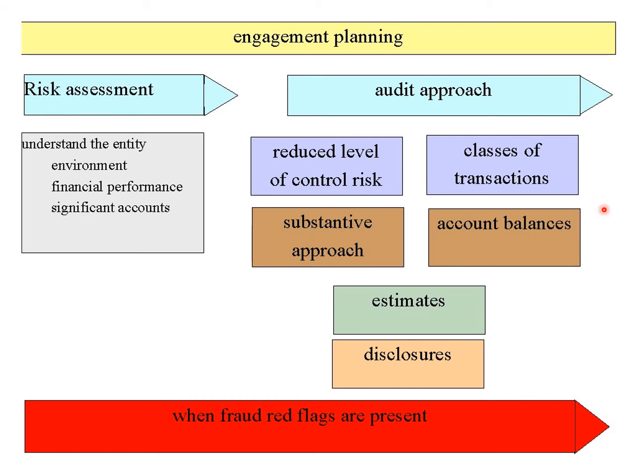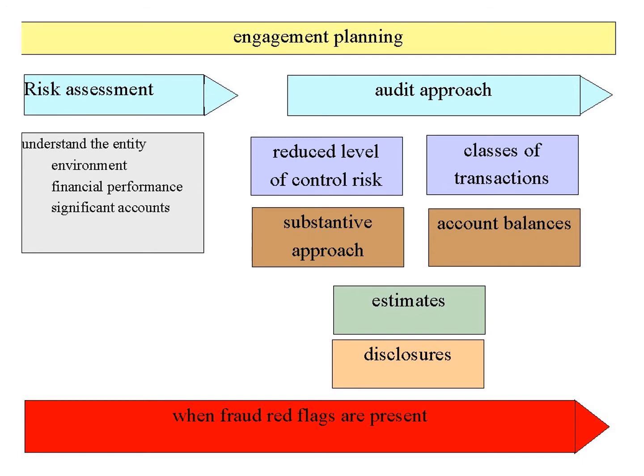Previously, the AICPA had 3 columns: one for transactions, one for balances, and one for disclosures. Now they've combined transactions and disclosures, and account balances and disclosures. We're going to talk a little bit about estimates later on because we tend to audit estimates differently also.